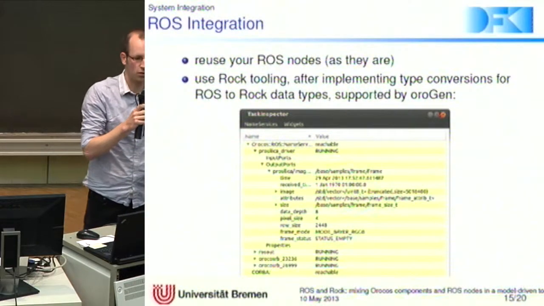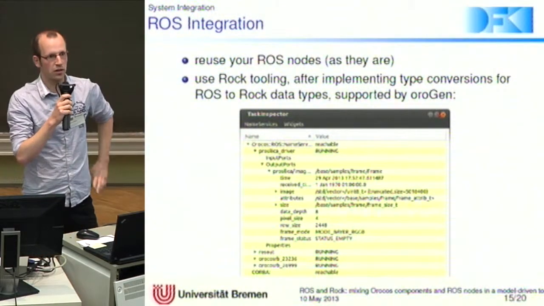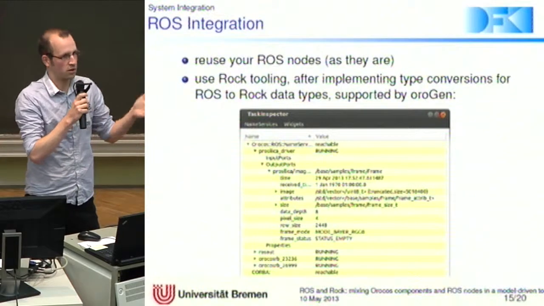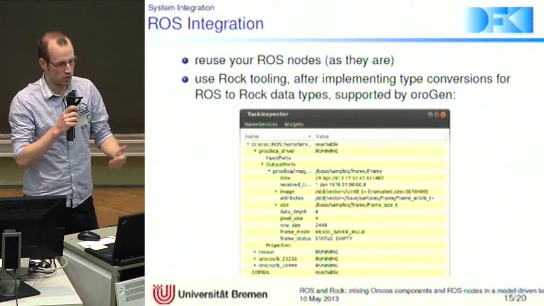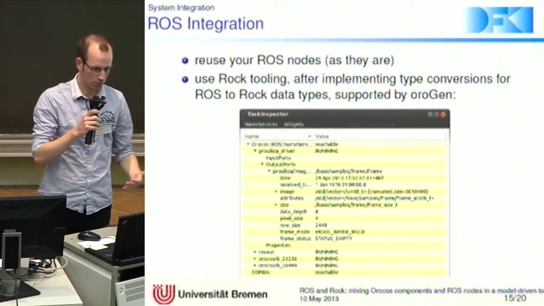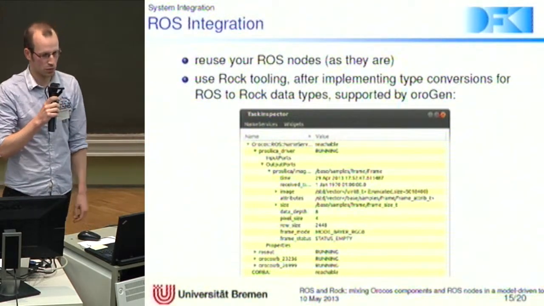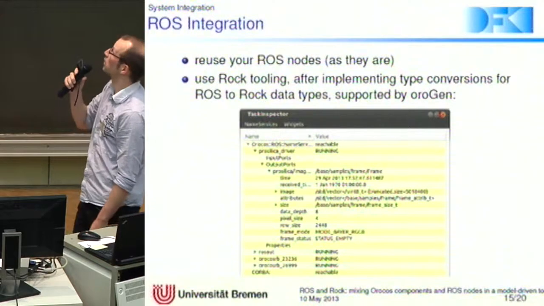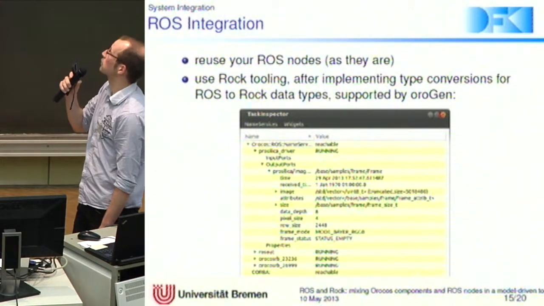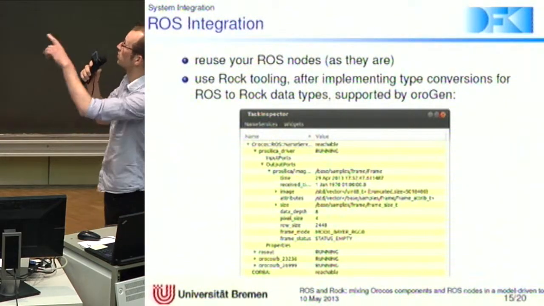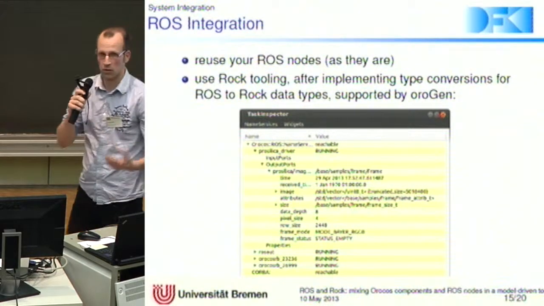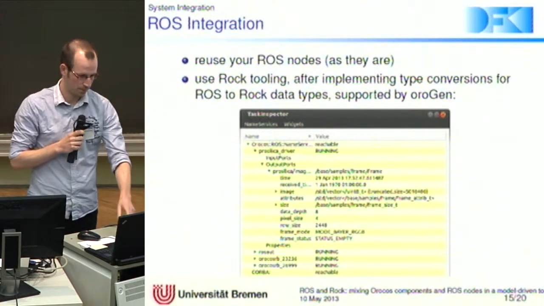What you need to do, though, is implement the type conversion between the image data type that ROS provides and the one that ROC uses internally. So what you see here, for example, just under output ports, the type name would be base samples frame in this case.